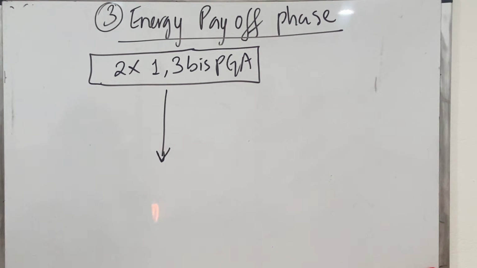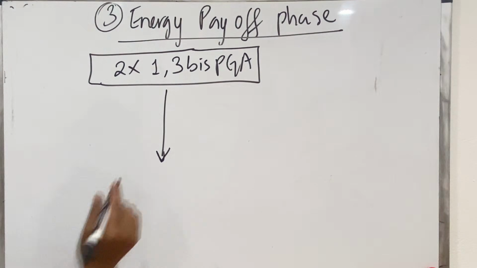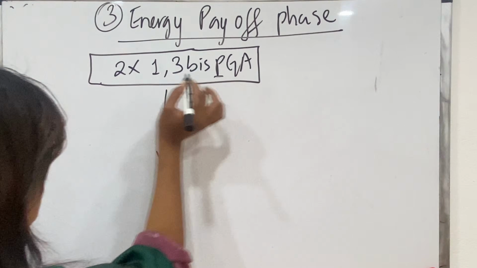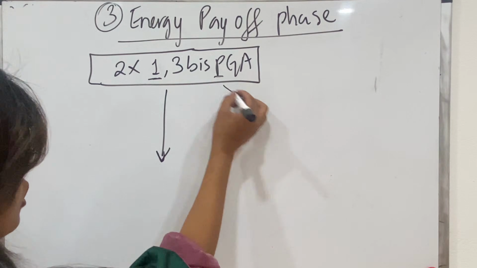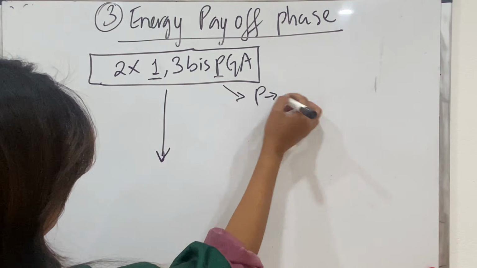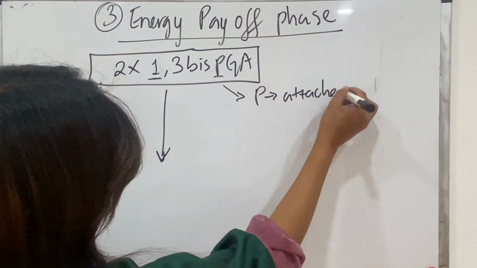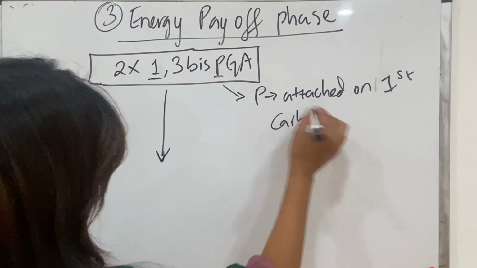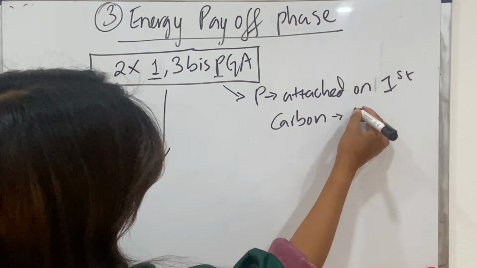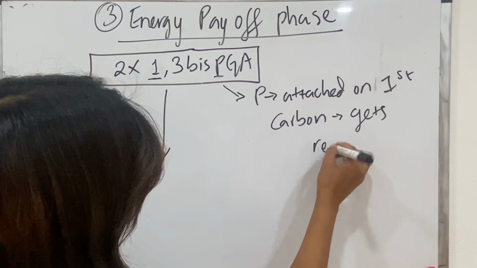In the next step, there is removal of phosphate from the 2 molecules of 1,3-bisphosphoglycerate. Remember, there is phosphate attached onto the third and first carbon. And the phosphate which is attached onto the first carbon gets removed.